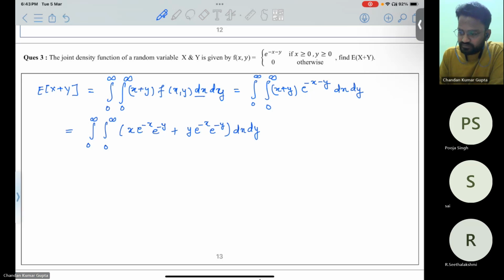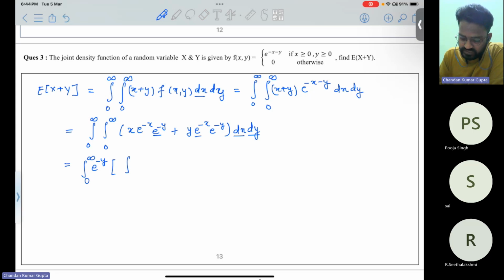Then when we consider x, the y term is a constant, and when we consider dy, e to the power minus x is treated as constant. So we will try integration by parts. It's 0 to infinity e to the power minus y, and then we will solve this.